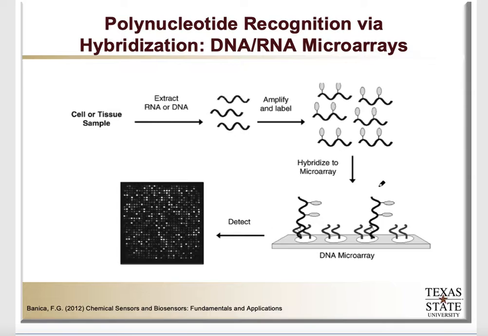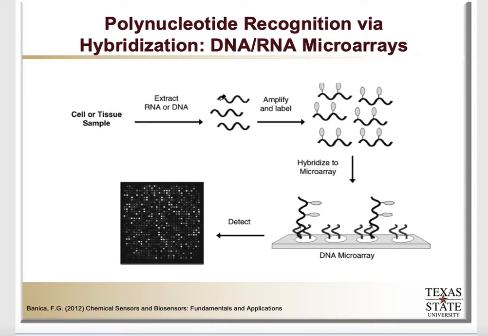Another platform or method is hybridization via a microarray system, and this is similar to the microarrays that we mentioned for proteins. Basically, you would take your cell or tissue sample and extract, in this case, RNA or DNA as opposed to proteins. This is going to be a mixture of all of the DNA or RNA that your sample had, right?